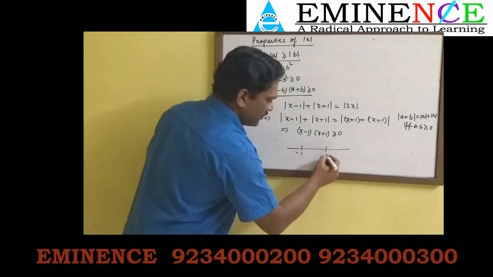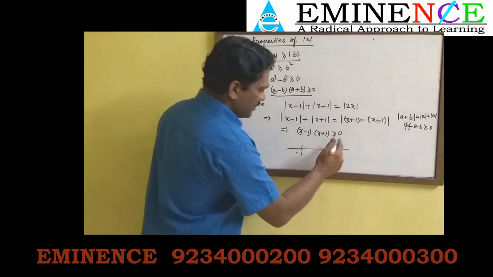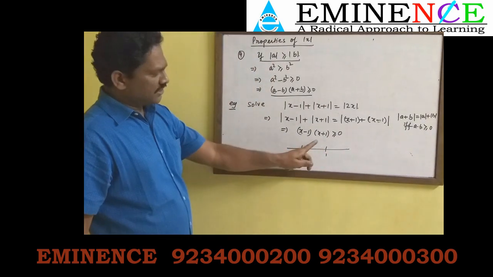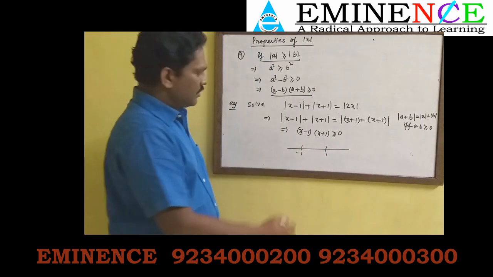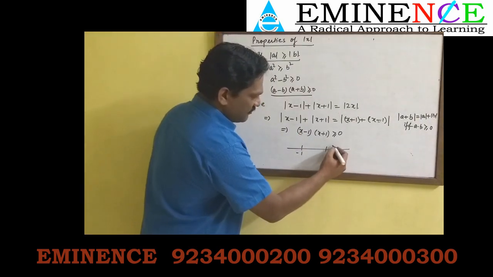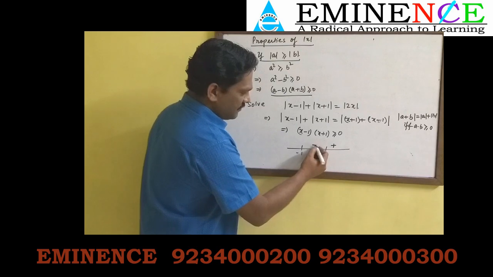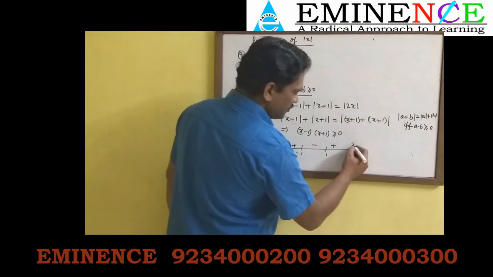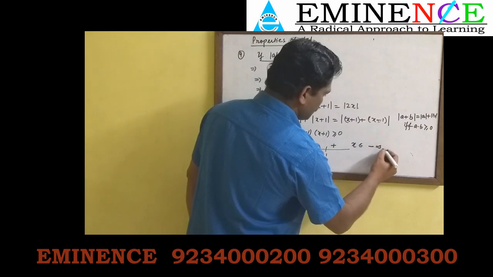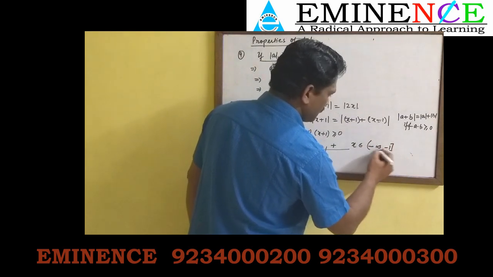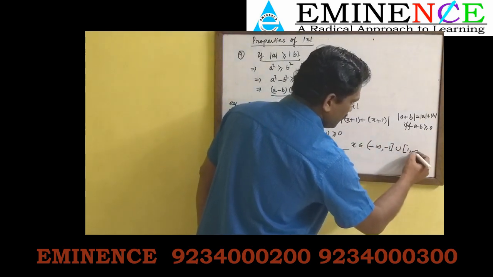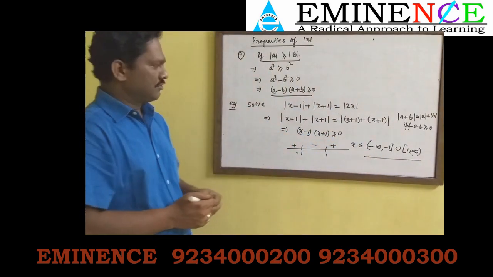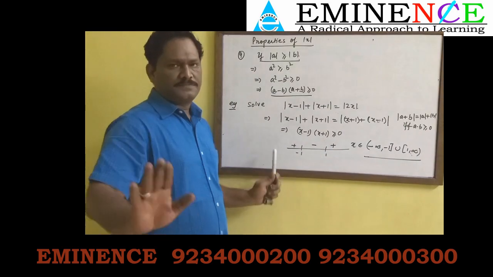Using the sign conventions, the sign of this expression will change at minus 1 and 1. If I put a value of x greater than 1, it is positive, negative and positive. So when do I get it positive? x belongs to minus infinity to minus 1, union the interval 1 to infinity. So we get a very fast solution using this property.